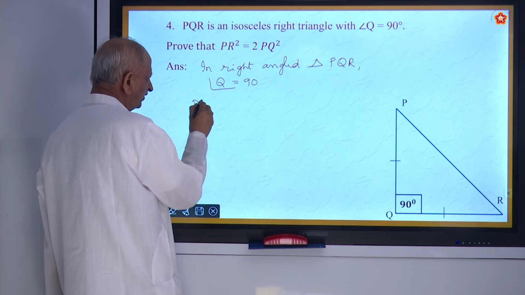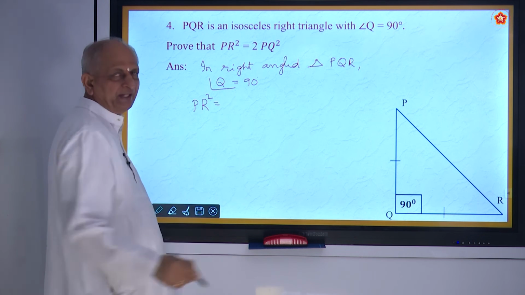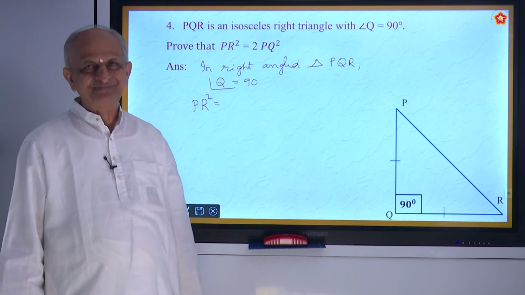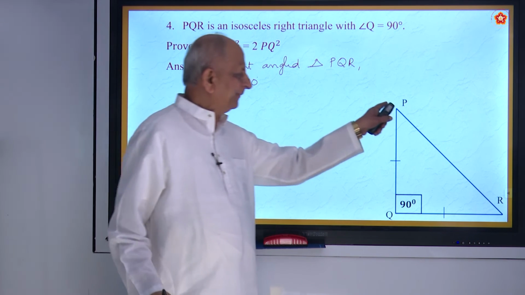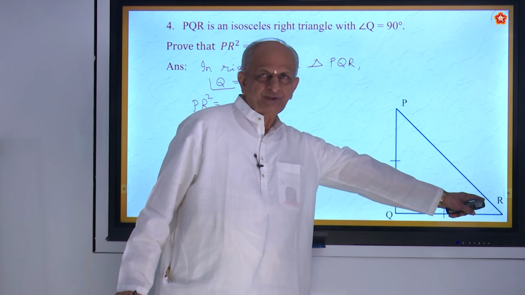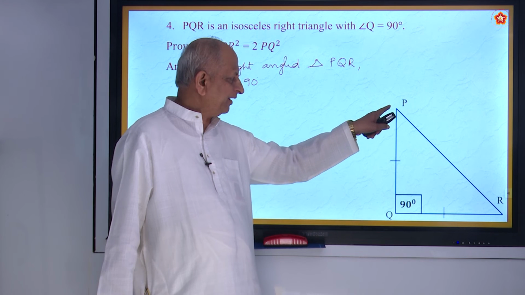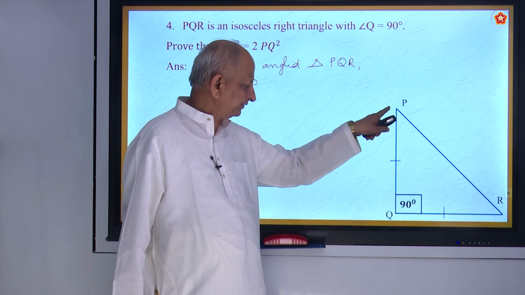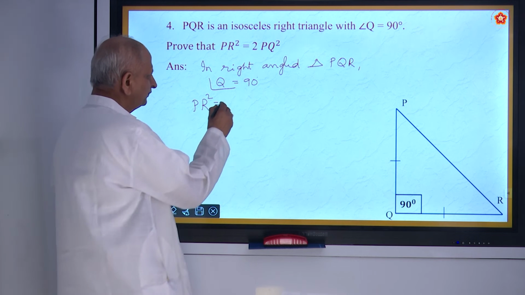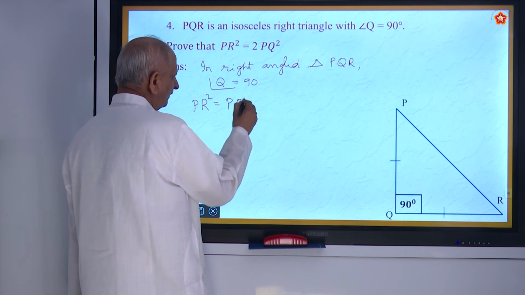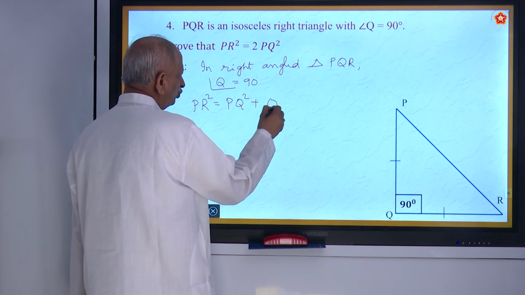So by Pythagoras theorem, come on, one of you tell the Pythagoras theorem. Yes, the square on the hypotenuse is equal to the sum of the squares of the other two sides: PQ square plus QR square.